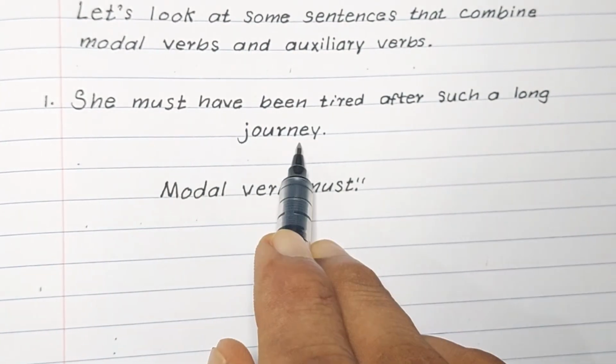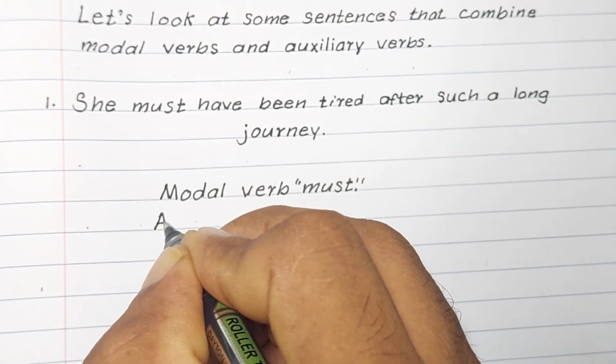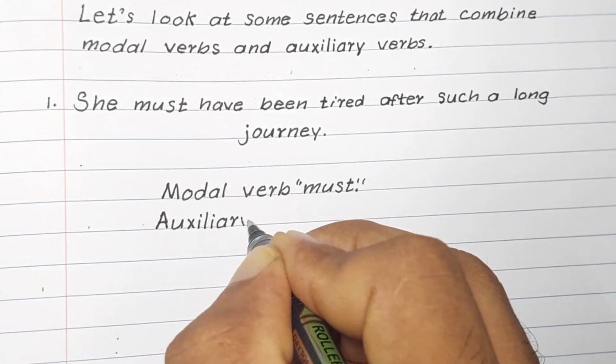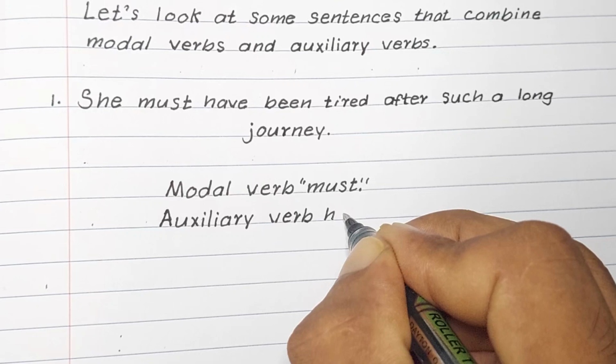She must have been tired after such a long journey. The modal verb must indicates necessity or certainty. The auxiliary verb have helps form the tense.